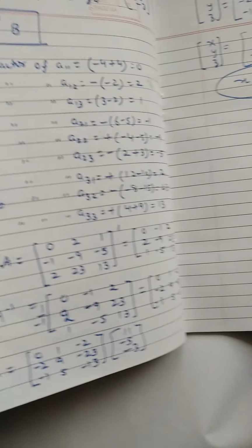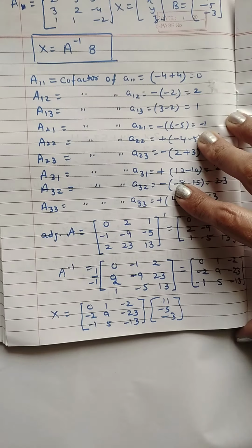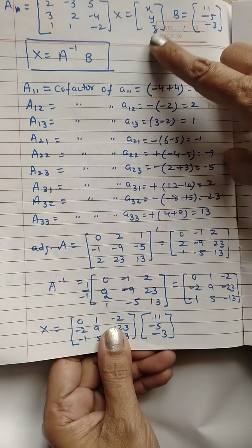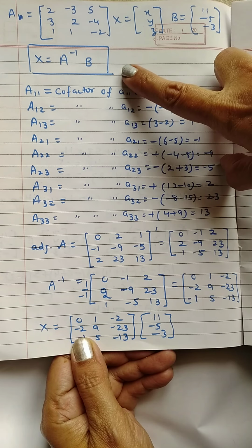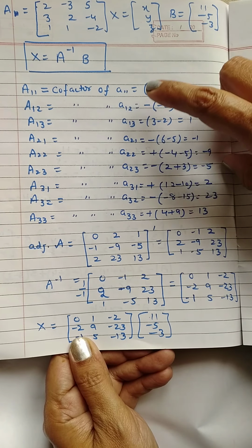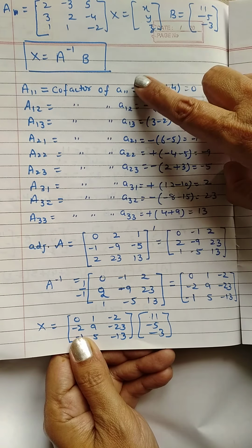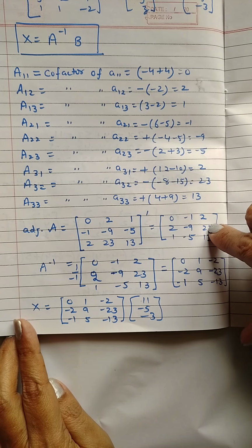Then you know that you may write this as A, this is X, this is b, so X = A inverse b. Now for finding A inverse, firstly you take the cofactors of all the elements, then you find adjoint A. Adjoint A is keeping the cofactors in the place of the elements, then taking the transpose.